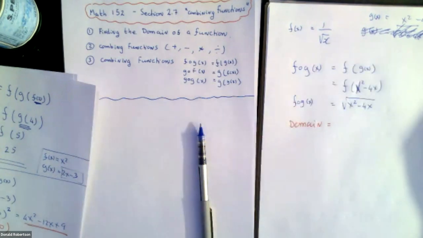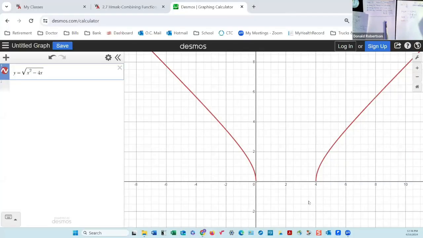Here we go. Let's show you what that graph looks like on Desmos. Whoa, would you look at that? At 0 and at 4, the function starts and finishes, but it's got a big gap in the middle. Numbers between x equals 0 and x equals 4 don't exist.